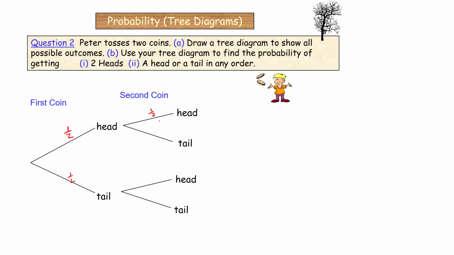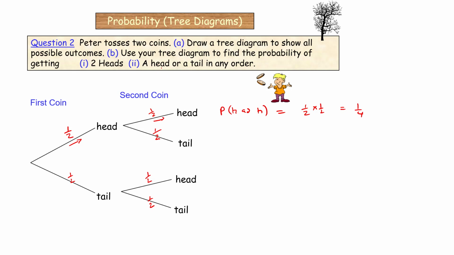And the probabilities are repeated then. So probability of getting 2 heads is that one and that one. So that's the probability of H and H. That's equal to a half times a half, which is a quarter.